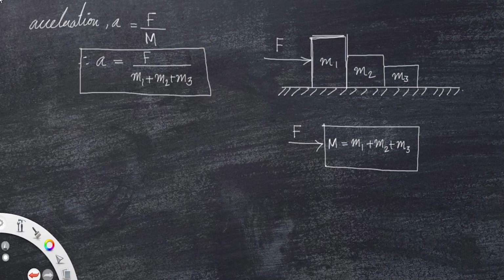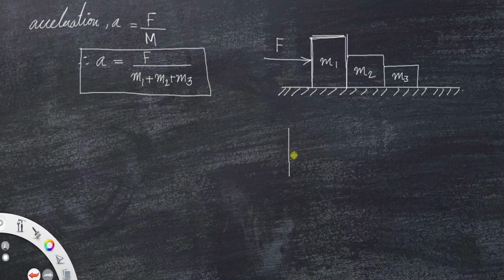Now let us find the force acting between these two masses M1 and M2. For that, let us consider the free body diagram of M1. So this is our M1. On the left, we have this force F. Now let me draw M2 here.